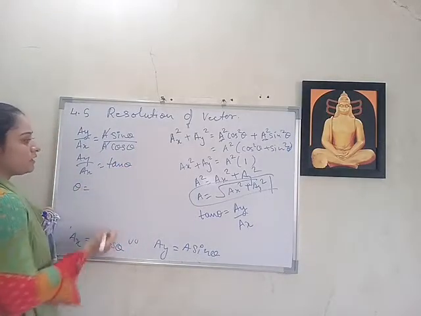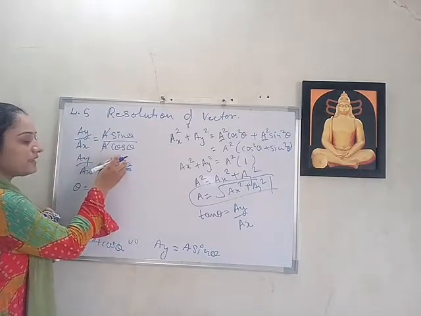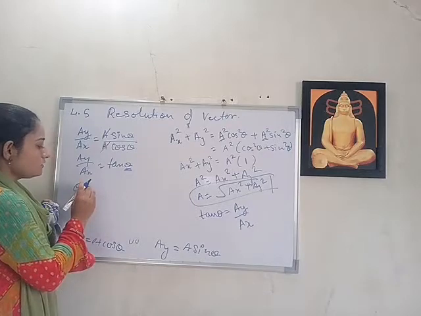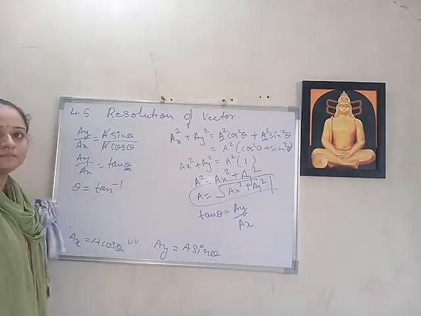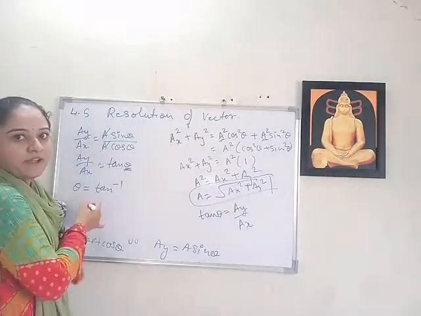So theta will be equal to, if we want only theta, then we will send this tan to the other side. So this tan will become tan inverse. Clear? Into term, where does it go? It goes into divide.